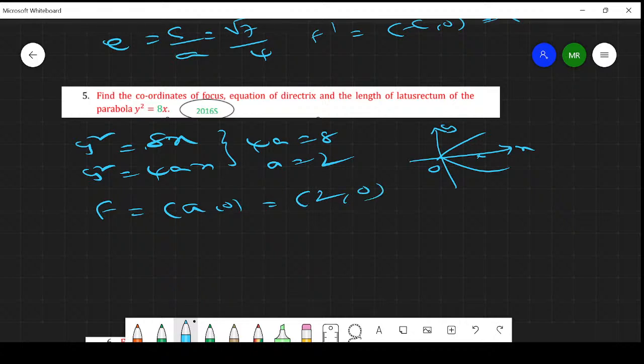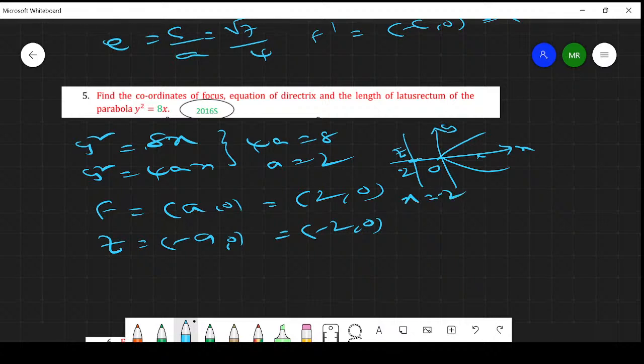Now the equation of the directrix. Directrix is this line. This will be z. When they are talking about the equation of a vertical line, we know the z coordinate. What is the z coordinate? Minus a comma 0. So that point will be minus 2 comma 0. That means the x value is minus 2, a vertical line.